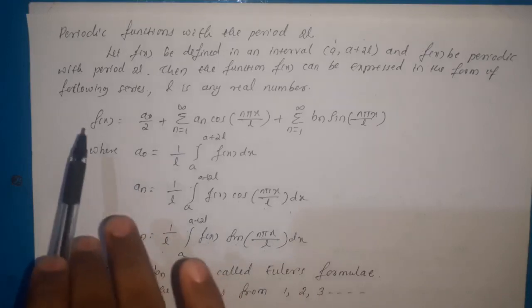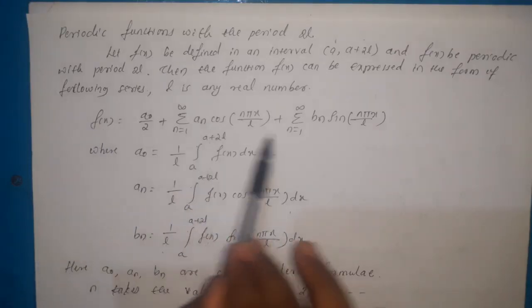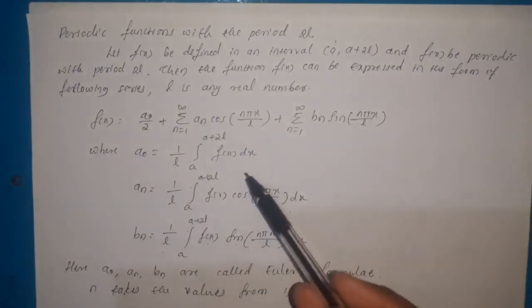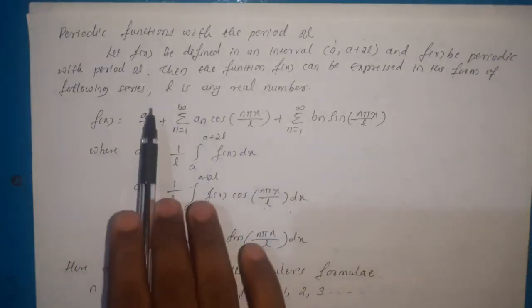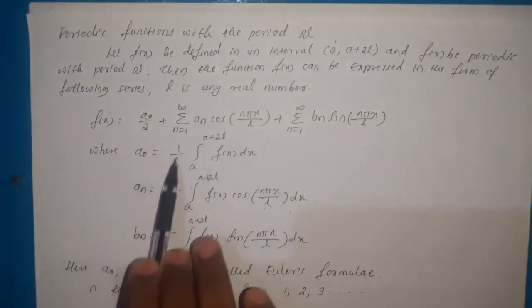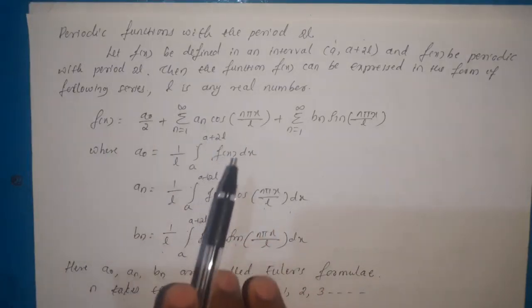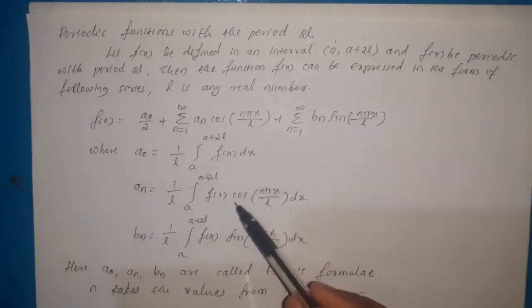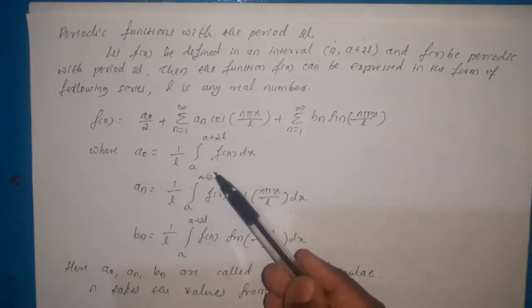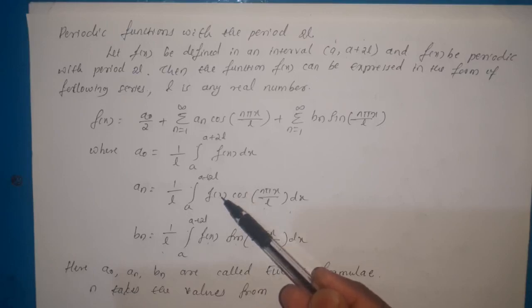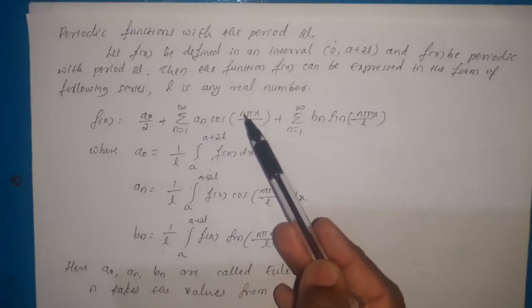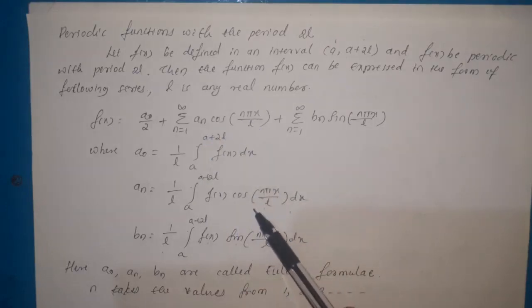If you remember this f of x correctly, there is no need to remember these three because they are easy to write. For a naught by 2, a naught equals 1 by L integral from a to a plus 2L of f of x dx. Then while writing a n, you have to repeat the same: 1 by L integral from a to a plus 2L of f of x, and a n is multiplied by cos, the same term you have to consider here.